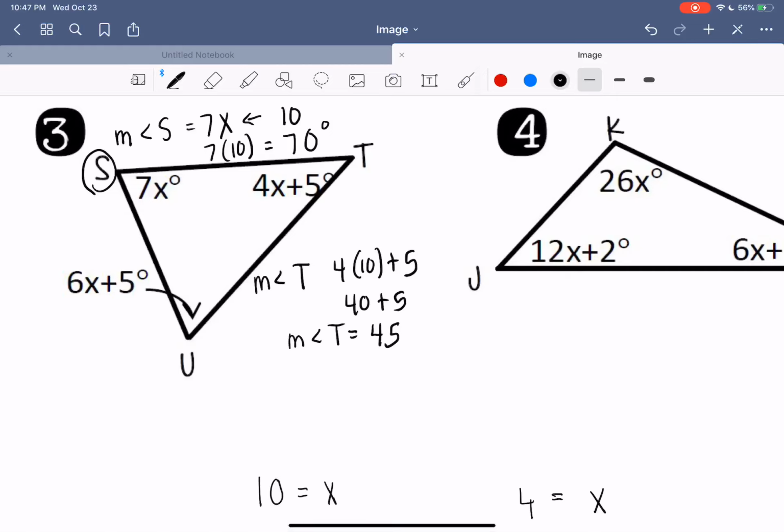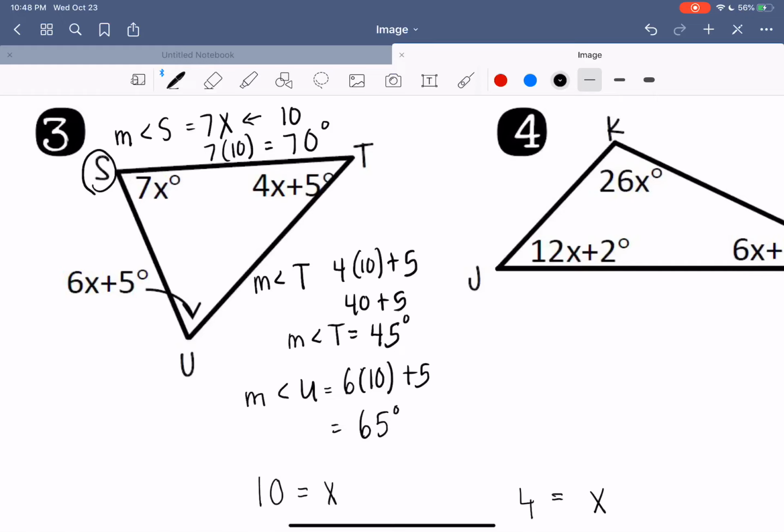And last but not least, we have the measure of angle U. This one says 6. Remember, we can substitute our 10 for our x plus 5, and so this will equal 60 plus 5, which is 65. So all of these have our degree symbol here.